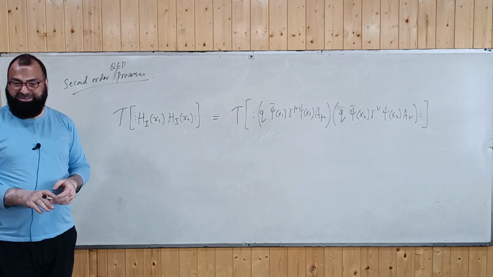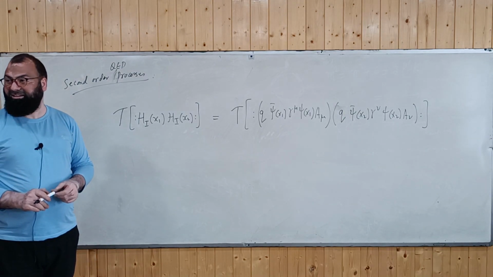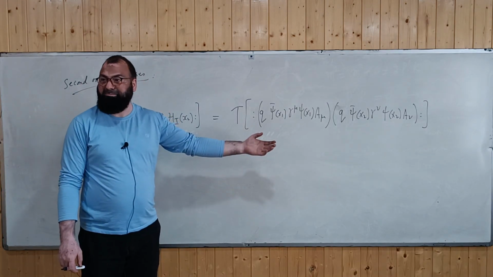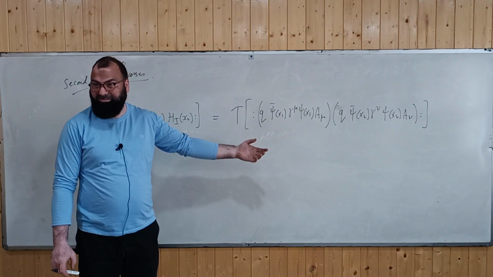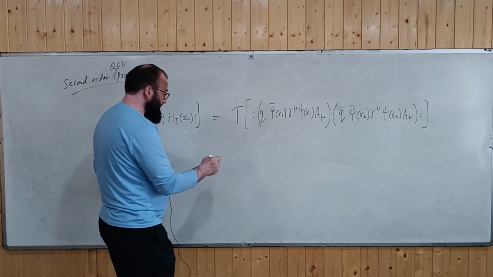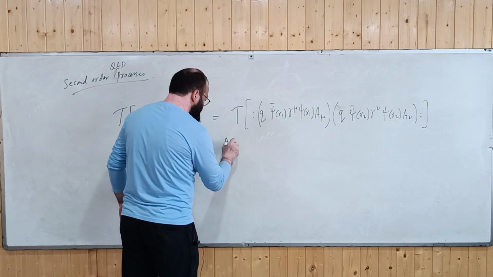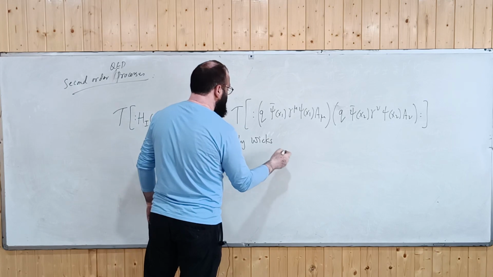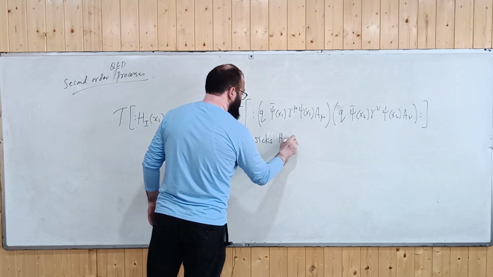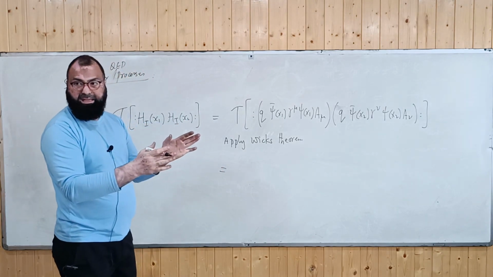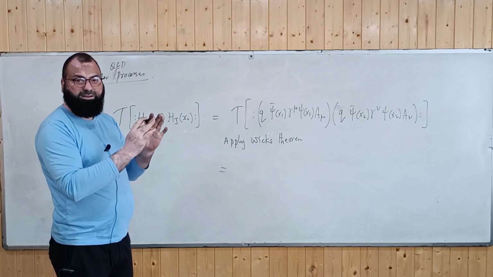Am I going fast? Okay, so now what do I have to do? When you have a time ordered product, you apply Wick's theorem. Wick's theorem says you first normal order everything. So apply Wick's theorem. The first term will be the normal ordering of all the terms.